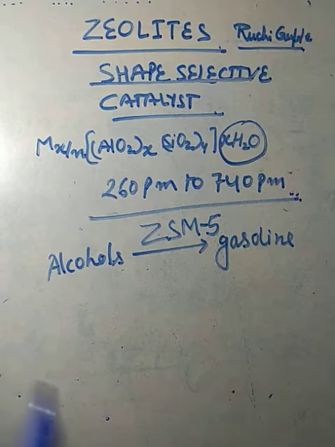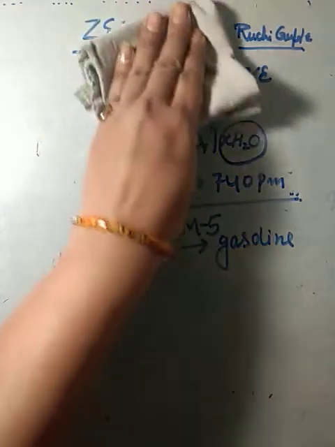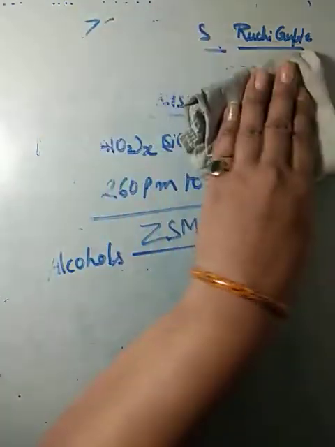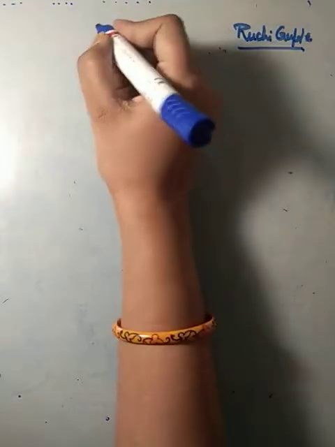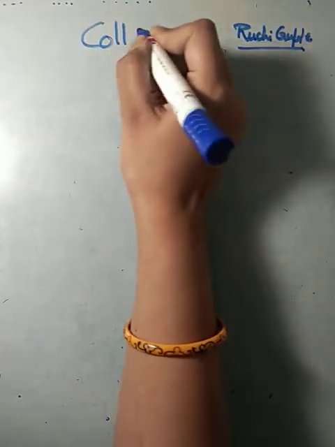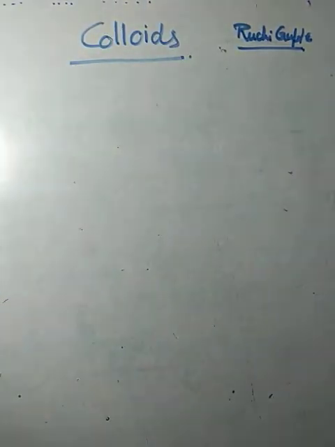Now today we'll start with one more very important topic of 12th standard, and these are called colloids. You all are familiar with the terms true solutions, suspension and colloids. So today we will start colloids.